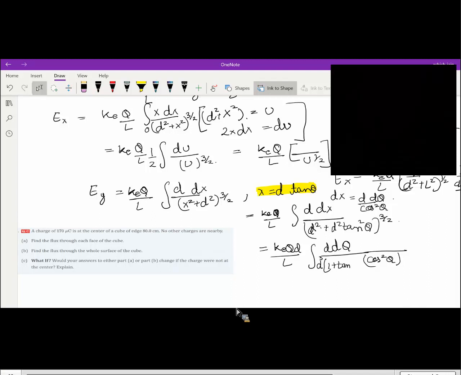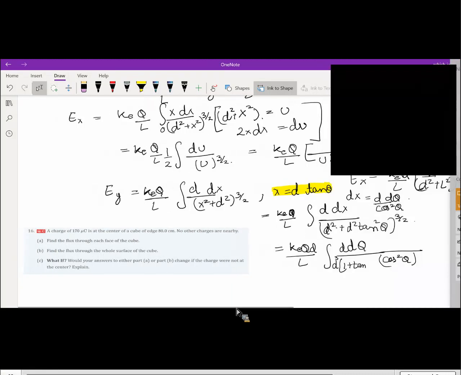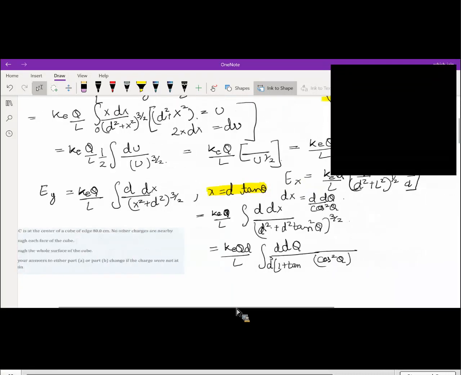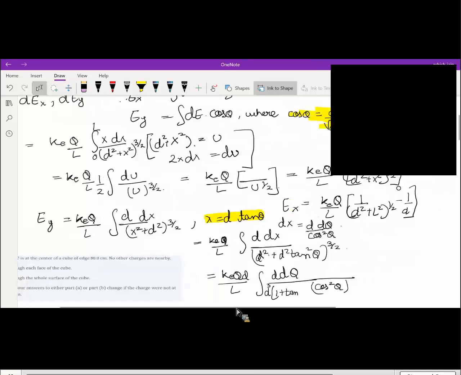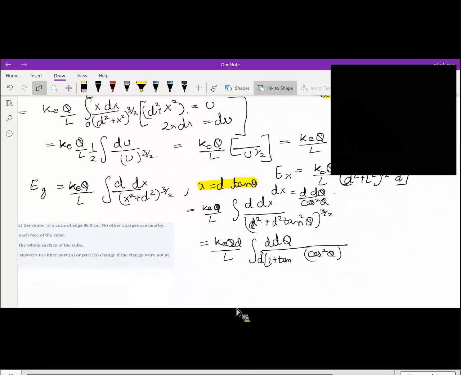Somebody points out that theta is the symbol for the q. Okay, sorry, that's my mistake. They look the same. You're right, let me correct it. I'll type q as qe.